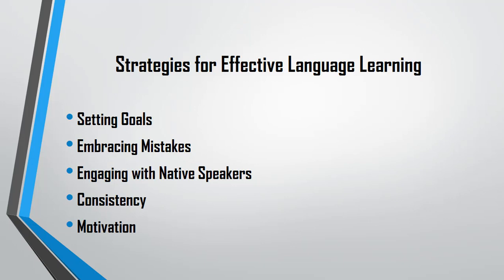Of course, you need to have clear objectives, and when it comes to setting goals, some people want to achieve C2 language proficiency. Some people want just to have language or vocab knowledge, and some people want to be able to hold conversations and topics about different subjects.